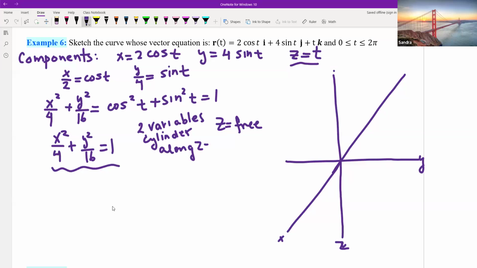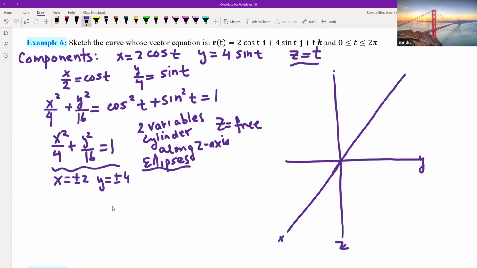It might not be exactly on the z-axis like the previous example, but it's going to be in that direction of up and down. Okay, so now I can see the traces. The traces happen to be ellipses. I do have ellipses right here because this is the equation of an ellipse. So x equals plus minus 2 and y equals plus minus 4. And so that's what I'm going to do.